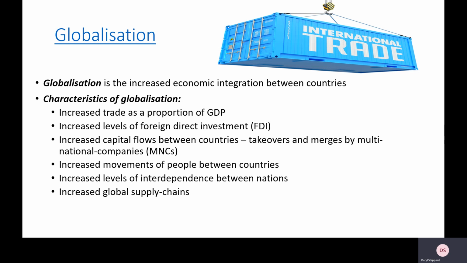The final thing I've put down is increased global supply chains. So you've only got to think about the production of a simple, humble tennis ball. So for the Wimbledon tennis tournament, that tennis ball that is used will rely on imports of resources from up to 30 or 40 different countries coming together to produce that simple tennis ball.